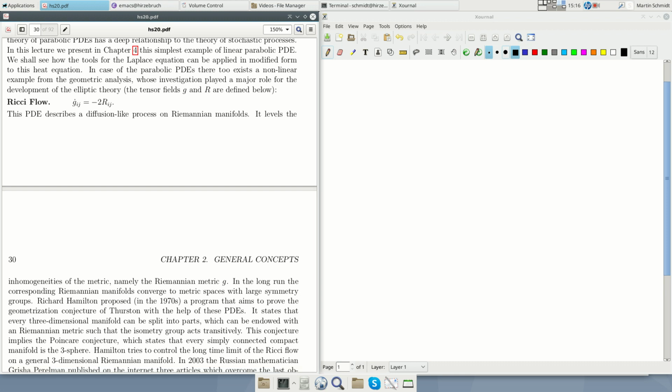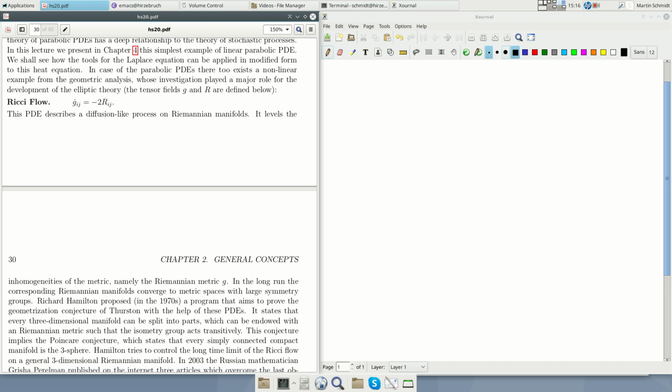So by isometries you can interchange any two points. So you have really big isometries, such that you can say more or less this manifold is homogeneous.